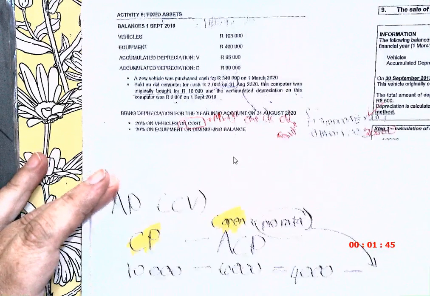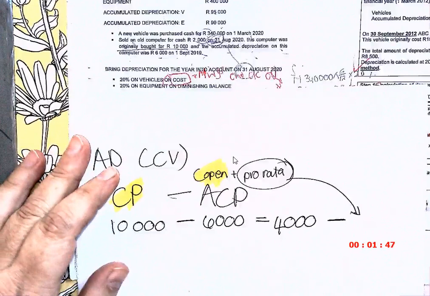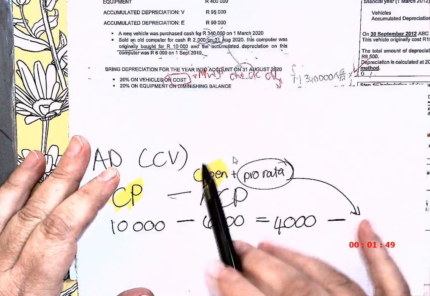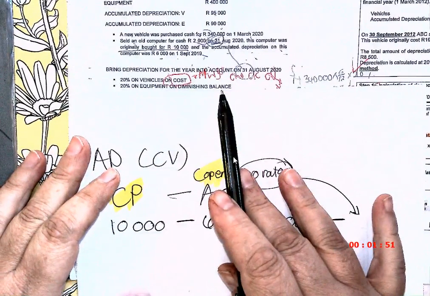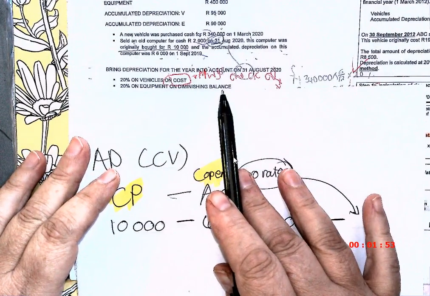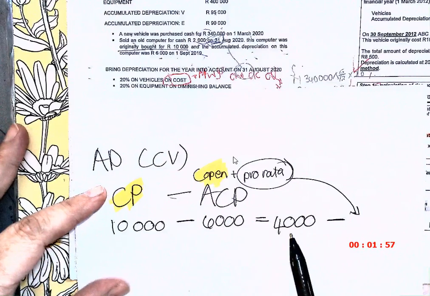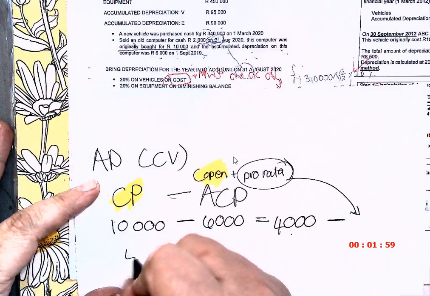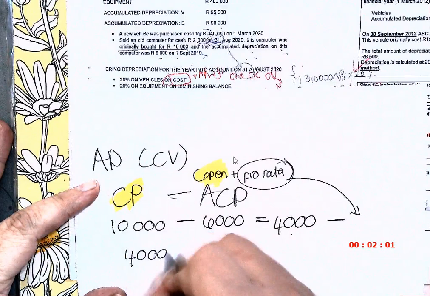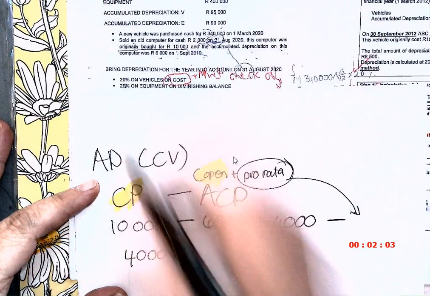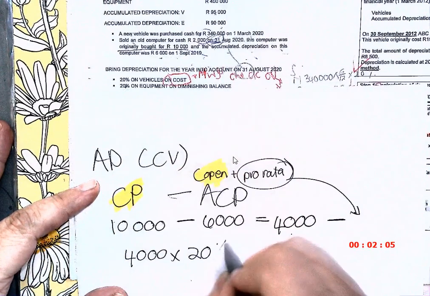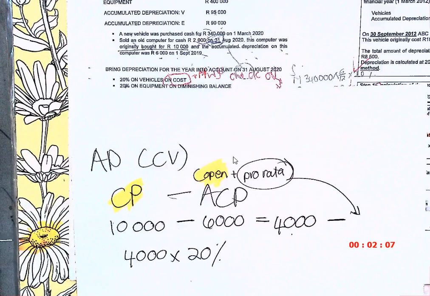Okay. So the pro rata at this stage, they say, equipment is diminishing balance, meaning I want to work on the carry value. What is the carry value at this stage? The 4,000. So I'm taking that 4,000, I times it with 20%, and I look, when did I sell the vehicle?